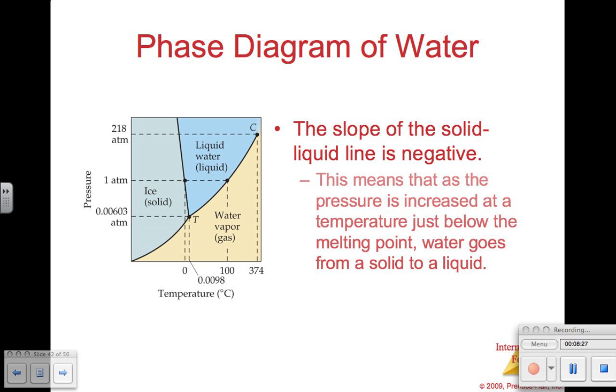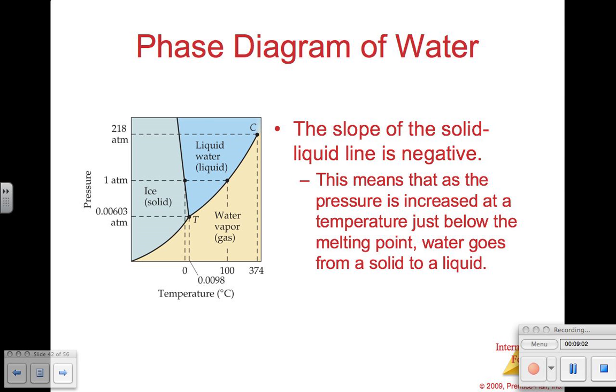One thing also that you might notice with water is that the slope of the solid to liquid phase line is a negative slope. All the other slopes that you've most likely come across in your textbook have a positive slope to that line, meaning that as the pressure increases, typically the solid tends to stick around longer.